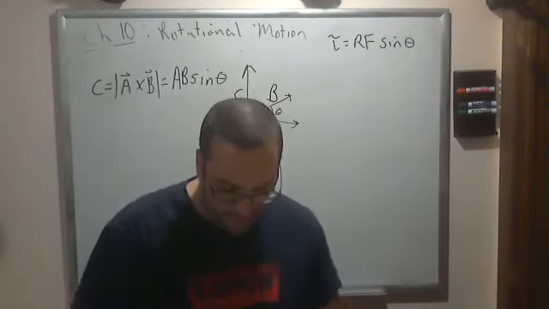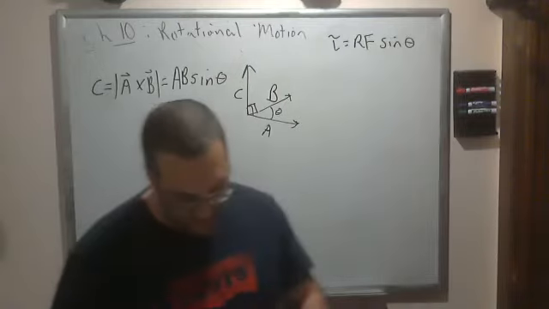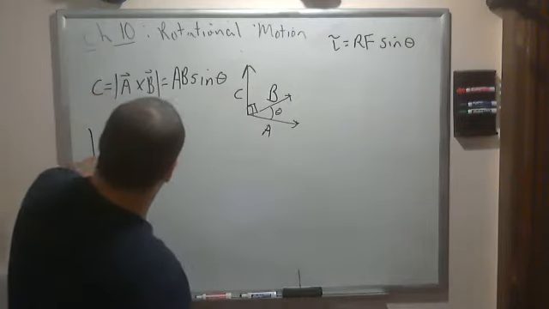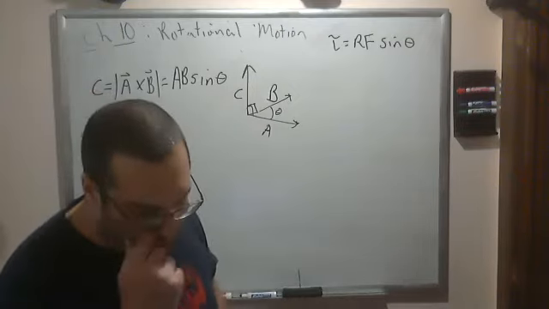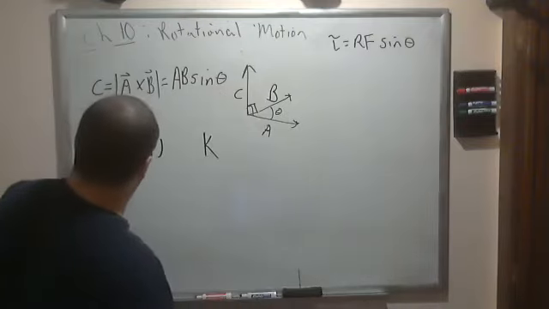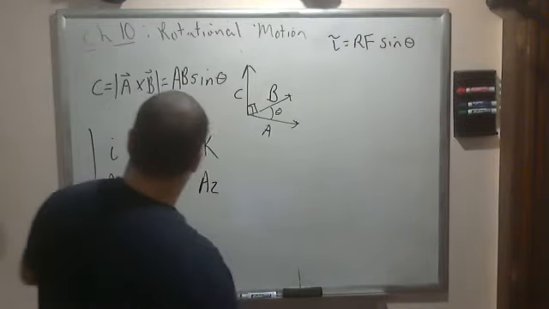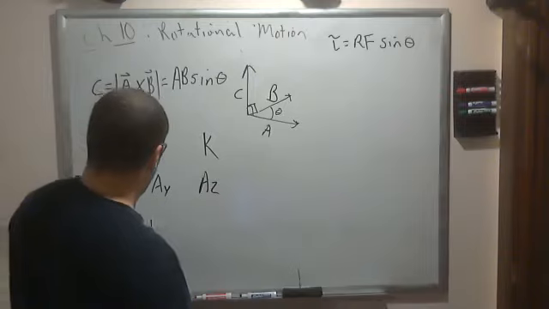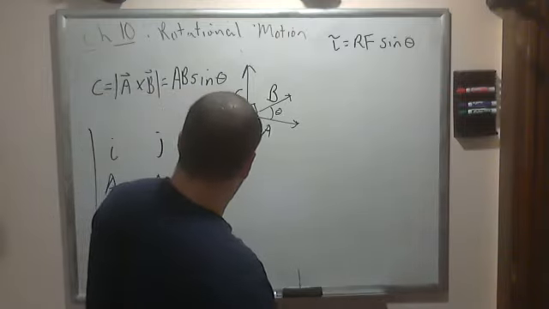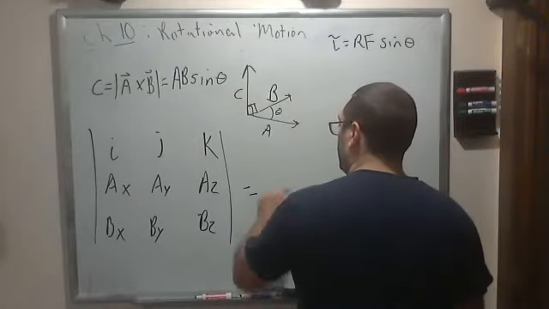method. If you're given the components, there's an algorithm that you have to use, equation 11-3b, and the way it works is this.